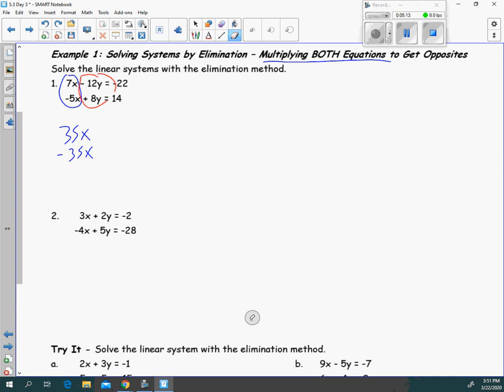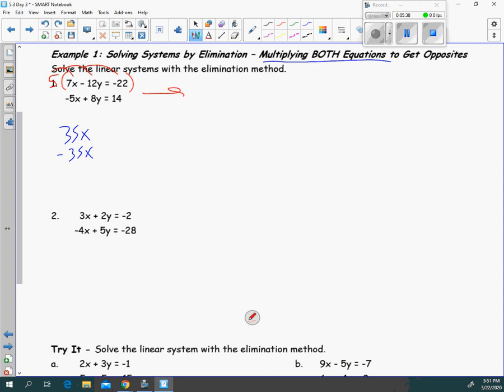No particular reason. So in order to make those the same, what am I going to have to do? I'm going to have to multiply. I'll keep that 35x just so we can visualize what we want to do. I want to multiply this by 5, and it's going to multiply by all three of those. I'm going to have to grab a calculator. Super important on these ones.